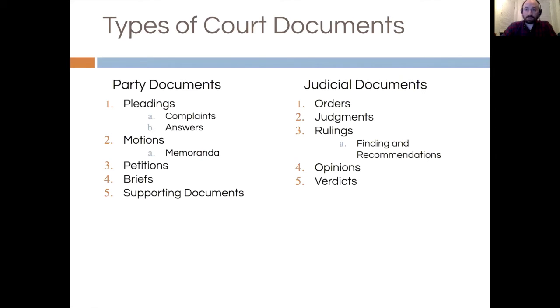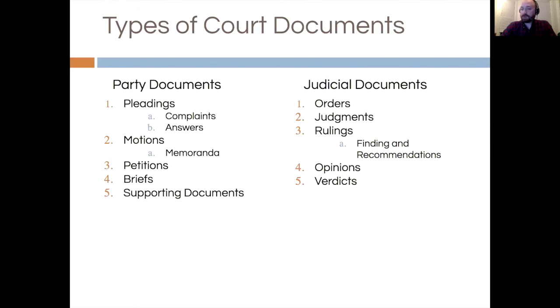More common than judgments are rulings. And a ruling is just any time the court makes a decision. Related to a ruling is a finding and recommendation, sometimes abbreviated as FNRs. These occur in the federal courts. For a lot of issues, the courts will delegate to a magistrate judge to oversee issues like managing discovery and some motions.